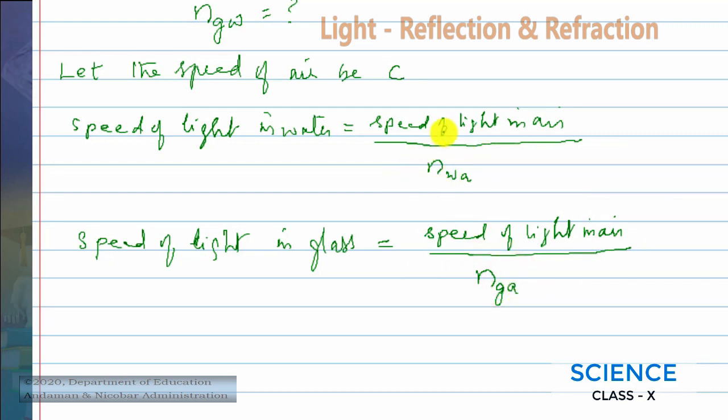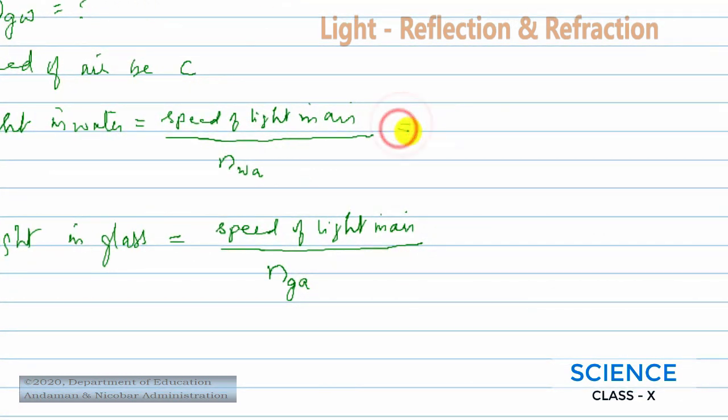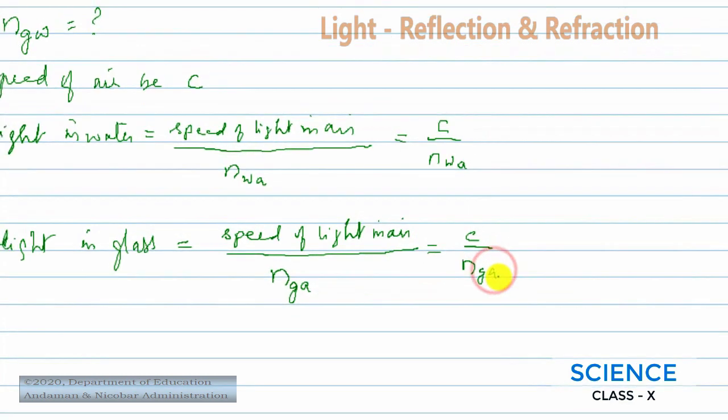Since we know that the speed of light in air is c, by replacing the values we can write c divided by NWA, and the next equation as c divided by NGA, right?